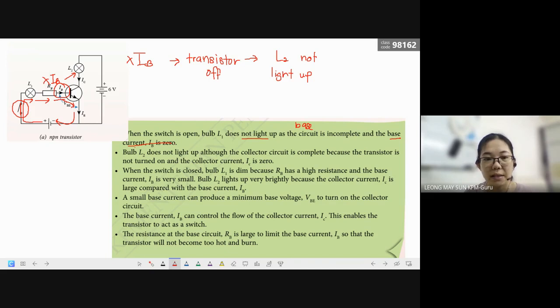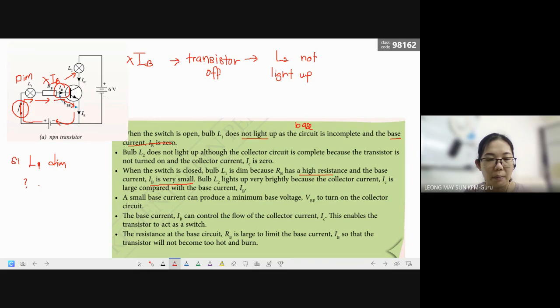The resistor RB has high resistance because we want a very small current at the base, so the base current is very small. When the base current is very small, light bulb L1 is dim. So when the switch is closed, L1 is dim.